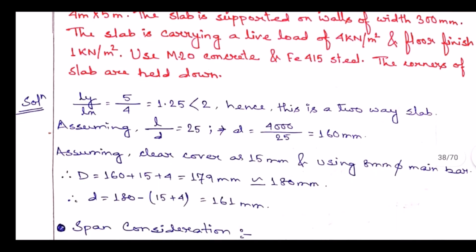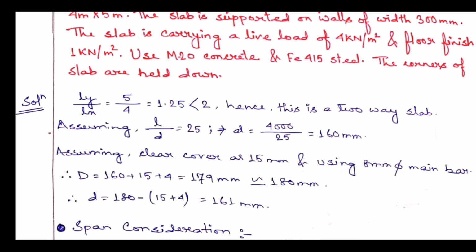Now assuming clear cover as 15 mm and using 8 mm dia main bar, so overall depth will be effective depth as per assumption, that is 160, plus clear cover, that is 15, plus half the diameter of main reinforcement bar, that is 4. So overall depth is 179 mm, or we can say 180 mm.